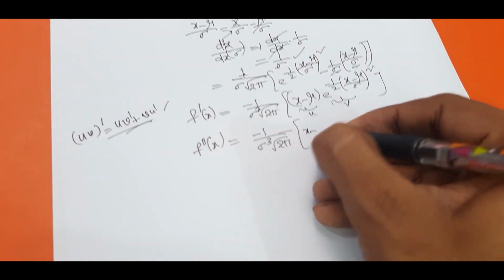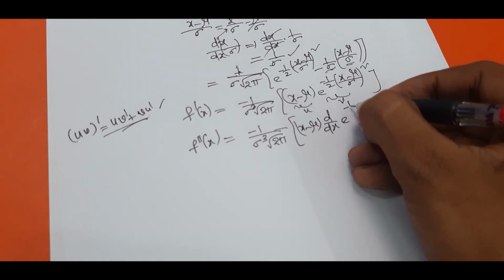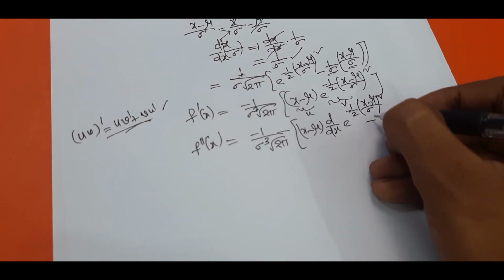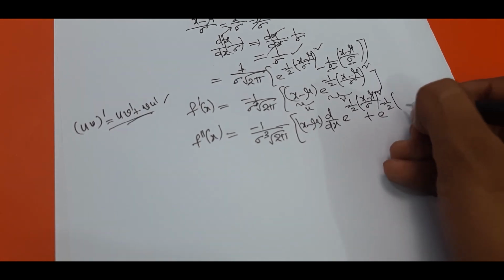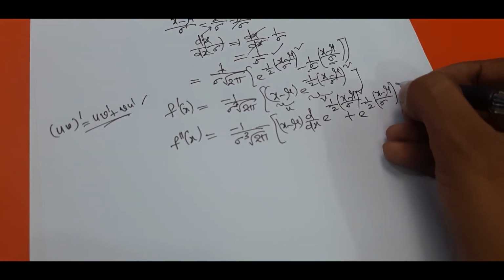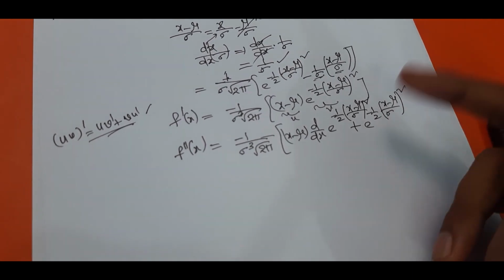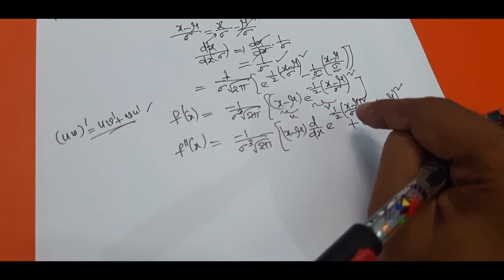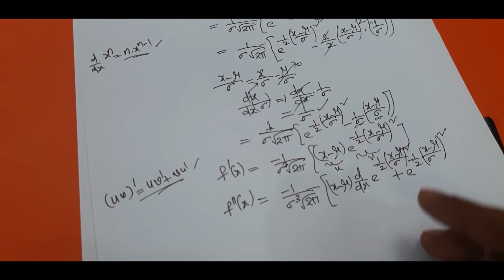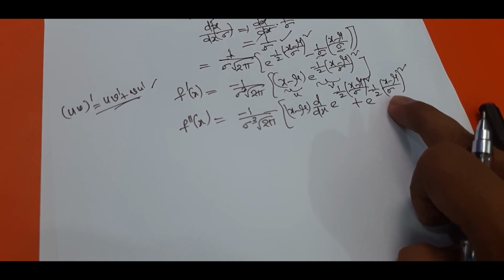This will become x minus mu into d by dx into e power minus 1 divided by 2 x minus mu divided by sigma whole square, plus e power minus 1 divided by 2 x minus mu divided by sigma whole square, and here d by dx into e power minus 1 by 2 x minus mu divided by sigma whole square, plus e power minus 1 divided by 2 x minus mu divided by sigma whole square.